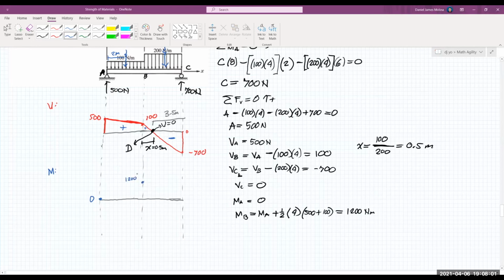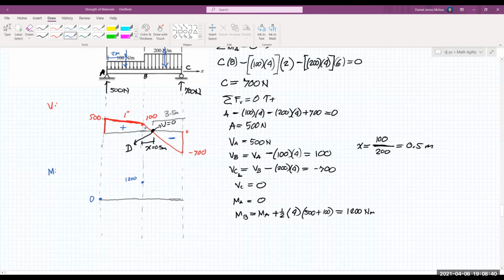Now how will we be able to connect the 2 points? Let us consider the shape of the shear diagram. We have a straight line here, that's a first degree curve. So the shape of the diagram here should be a second degree curve. But how will we be able to draw it? We have two possible configurations: a concave upward parabola or a concave downward parabola.